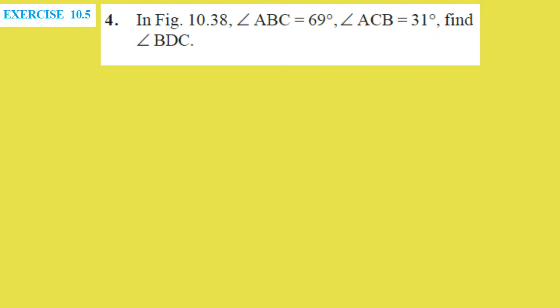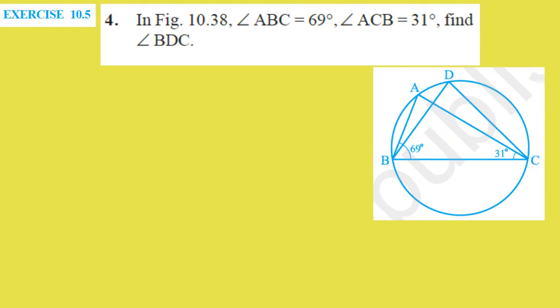Now, let us move on to question number 4. Again, the figure. Angle ABC is 69, ACB is 31. Find angle BDC. So to find angle BDC, let us take the triangle ABC.